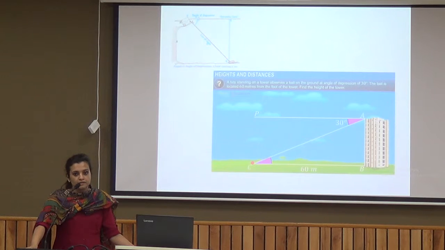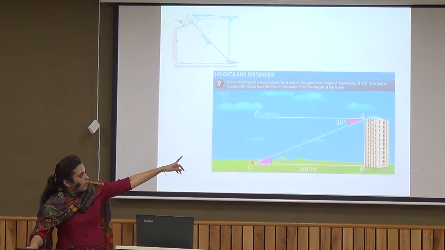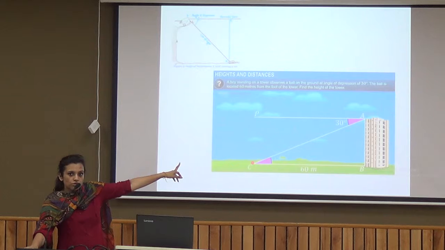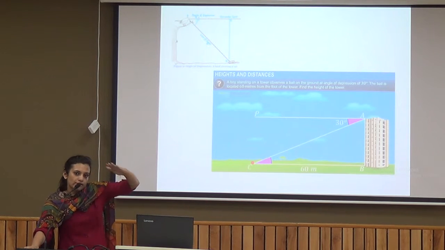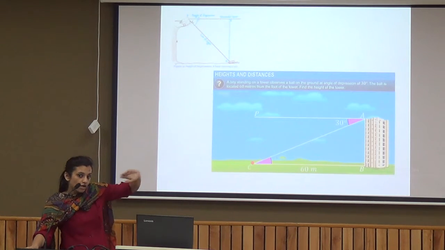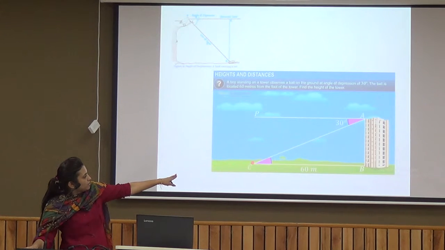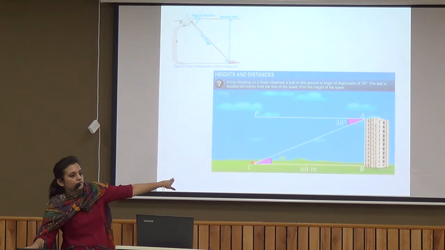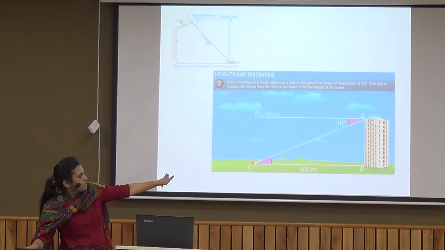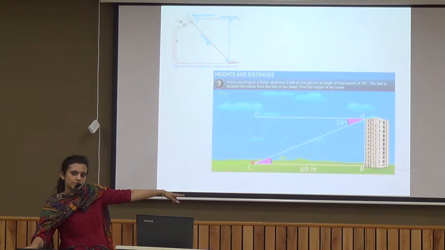Let us say AB is the height of the tower, as you can see, and the boy is stationed at A. The horizontal line at which the boy's eyes are is AP, and the ball is stationed at this point C. So BC is the distance from the foot of the tower, which is 60 meters.